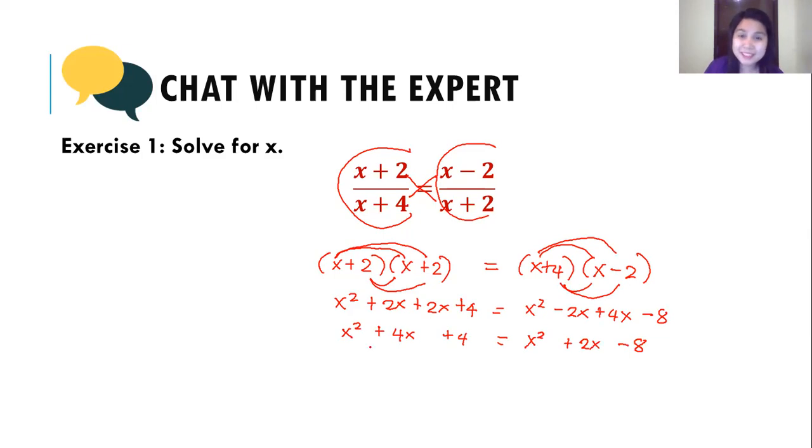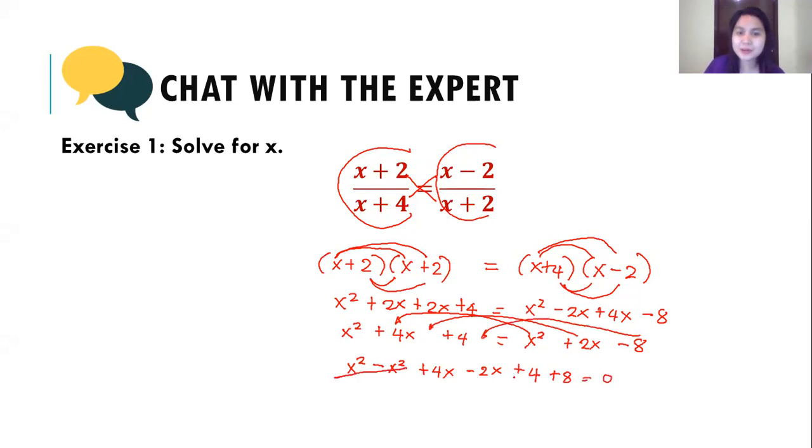Now let's combine them in standard form. We have x squared, other side, minus x squared plus 4x minus 2x plus 4 plus 8 equals 0.